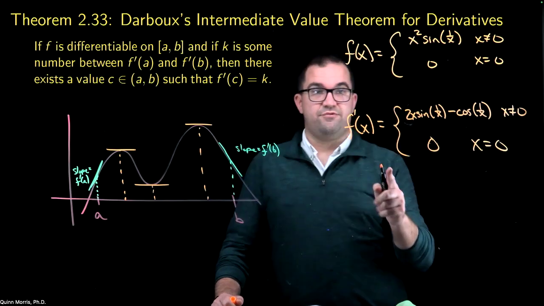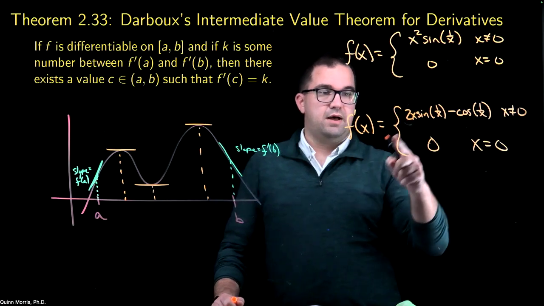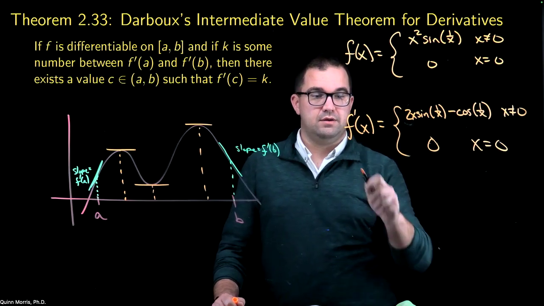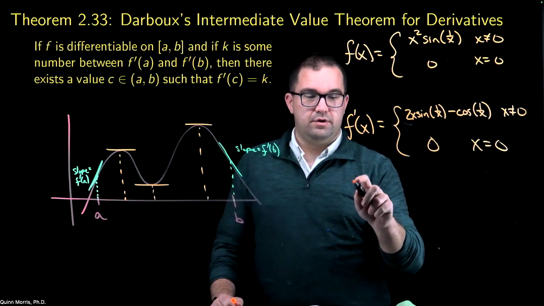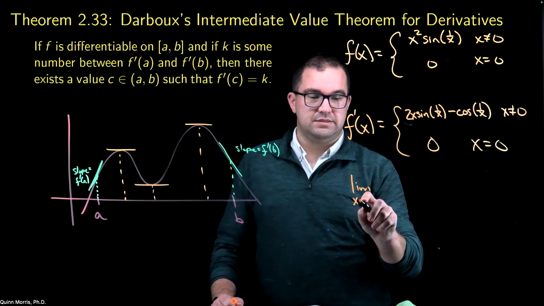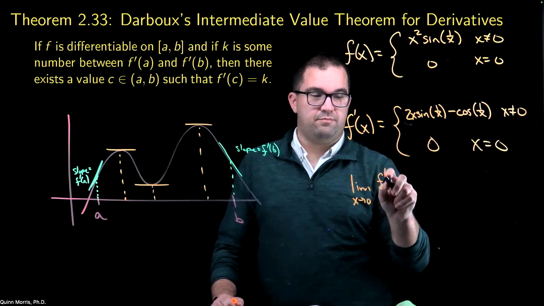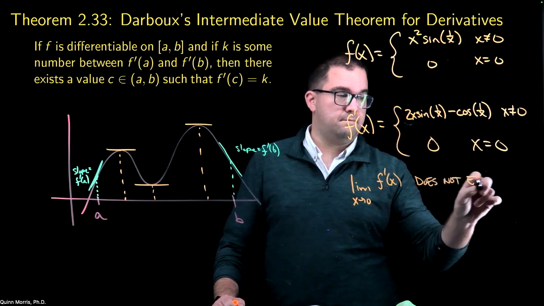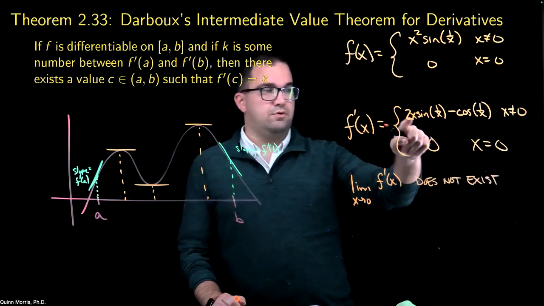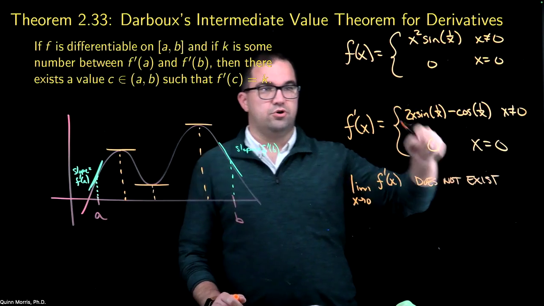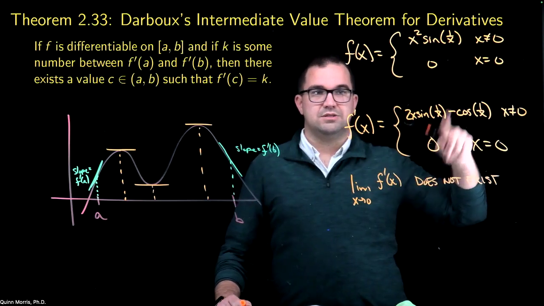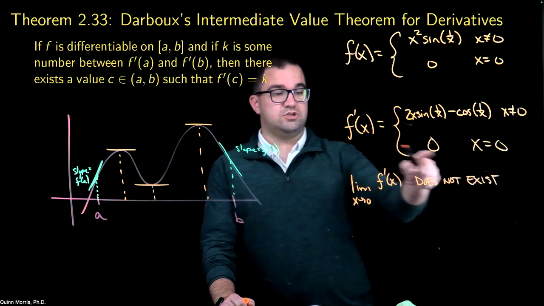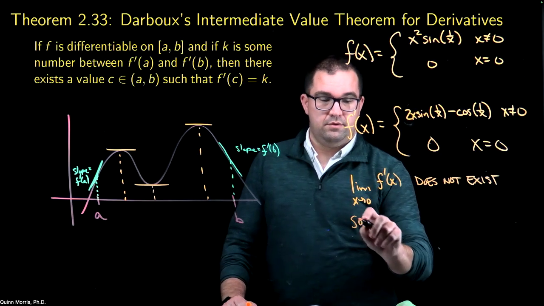So this function is differentiable for every real value of x, but f prime is not continuous at 0. In particular, the limit as x goes to 0 of f prime of x actually doesn't exist. This term is going to 0, but this term has an oscillatory discontinuity at 0. So the limit doesn't exist, and this function is not continuous at 0.